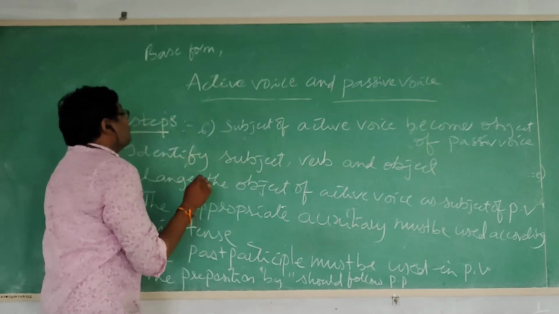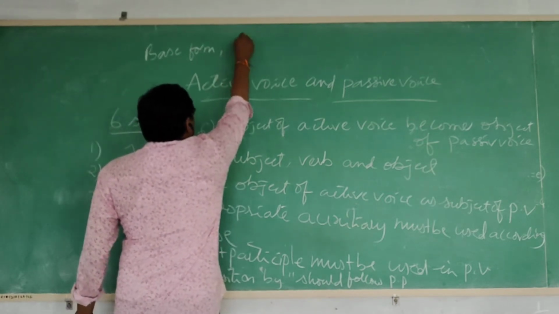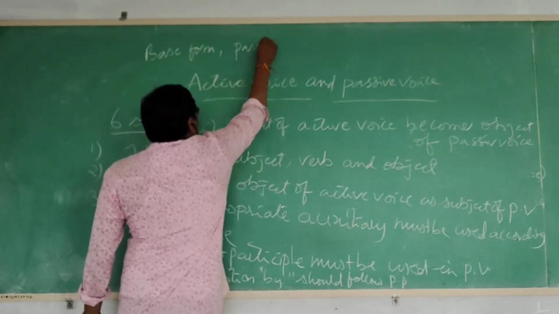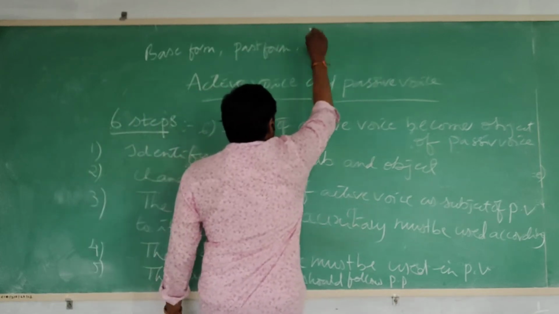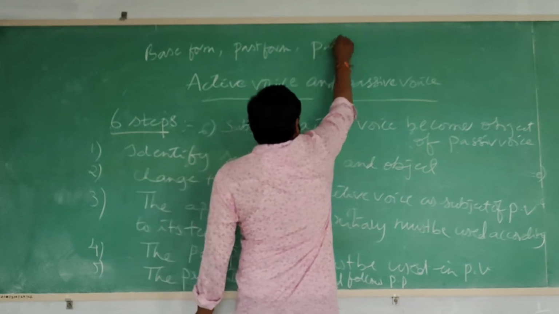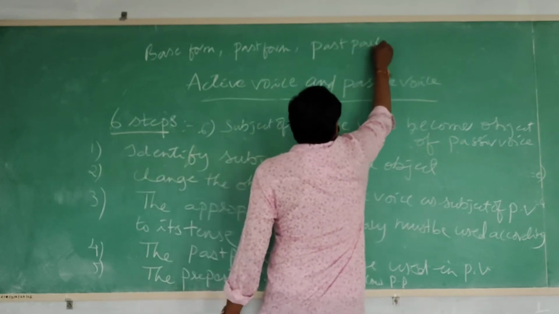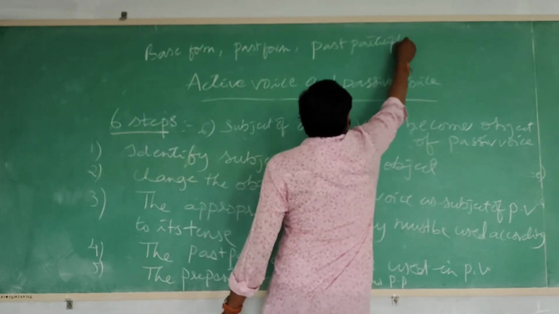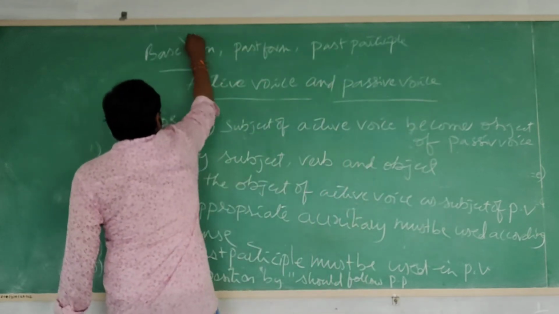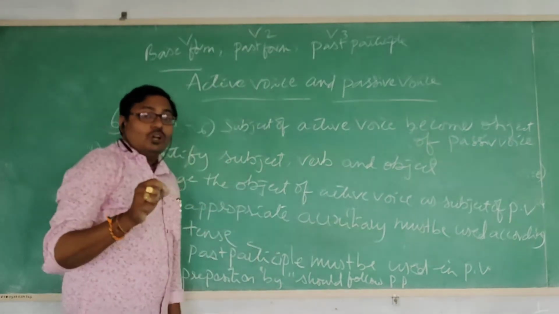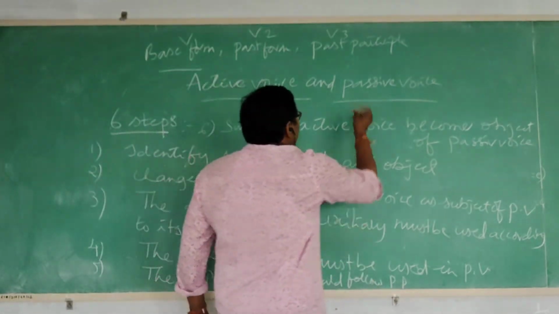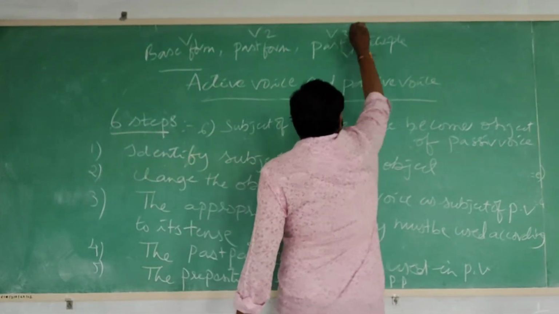Next one is past form. Next one is past participle. In this way, verb 1, verb 2, verb 3. We have to use only verb 3 in passive voice.